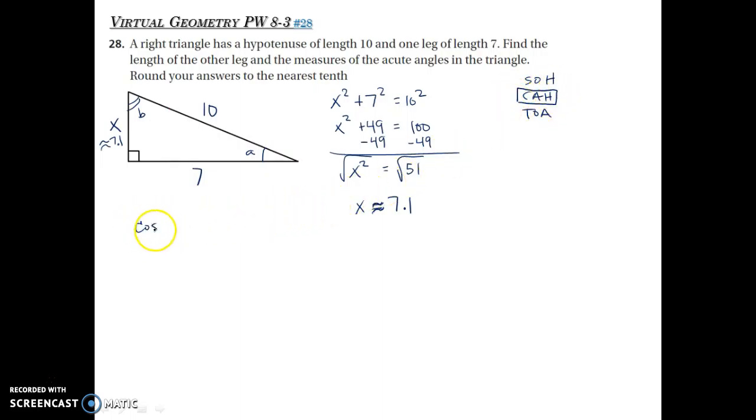So cosine of A equals adjacent, which is 7, over hypotenuse, which is 10. Then to find A, I just do the inverse cosine. Inverse cosine of cosine A is just A. So A is inverse cosine, or arc cosine, of 7/10.